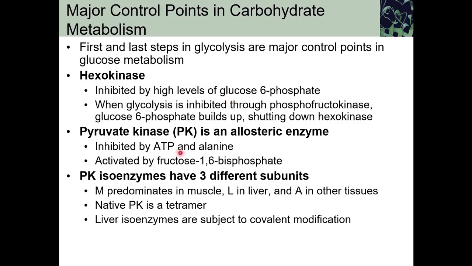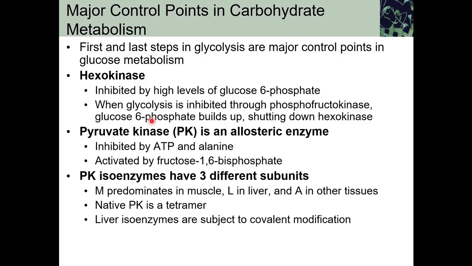When glycolysis is inhibited through phosphofructokinase, glucose 6-phosphate builds up, shutting down hexokinase. Again, as I mentioned, when glycolysis is inhibited through phosphofructokinase, there's already a lot of glucose 6-phosphate.